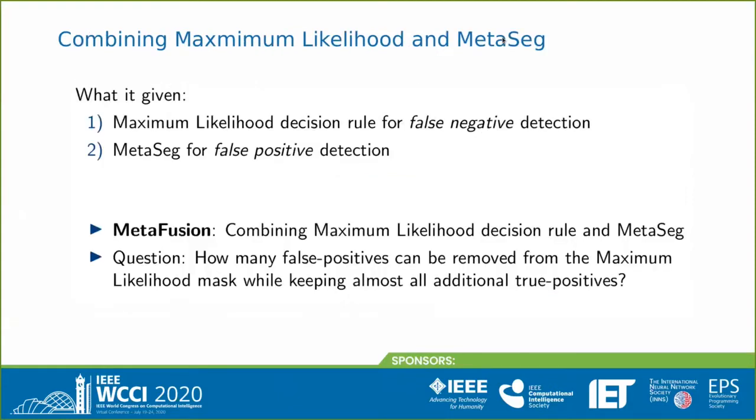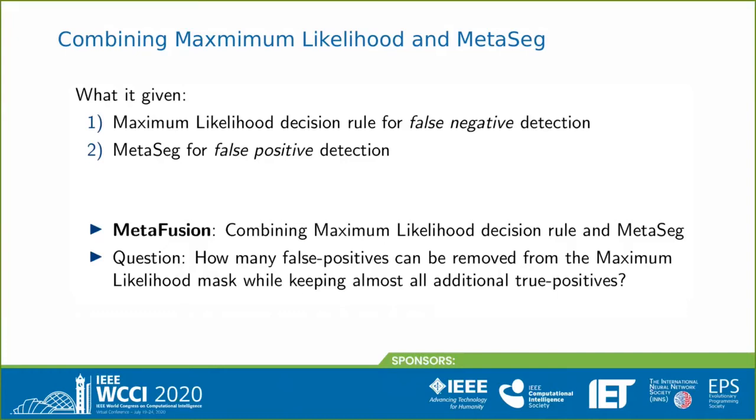Now, if we summarize the methods that are given, on the one hand, we've got the maximum likelihood decision rule that increases the sensitivity towards predicting certain classes. It works particularly well for rare classes that appear less frequently in the data set, and we can view this one as false negative detection. On the other hand, we've got MetaSeg that performs a prediction quality rating.